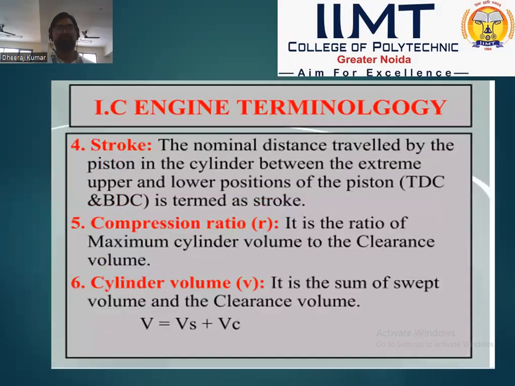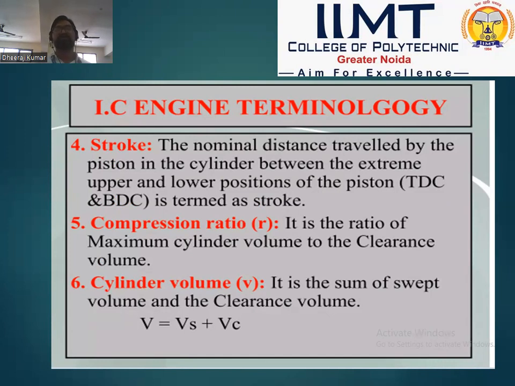Fourth, stroke. The nominal distance traveled by the piston in the cylinder between the extreme upper and lower positions, TDC and BDC, is termed the stroke. When the piston moves from TDC to BDC, the distance traveled by the piston is called stroke.